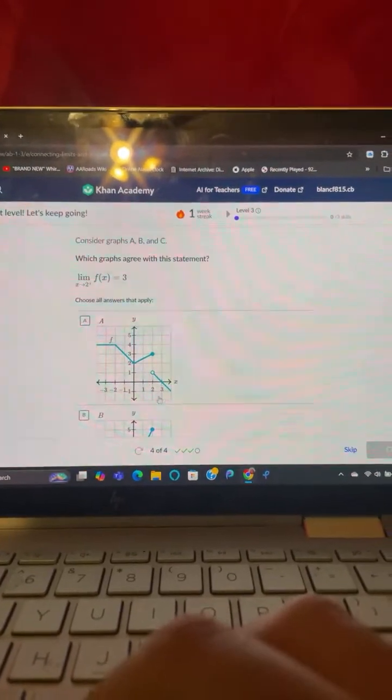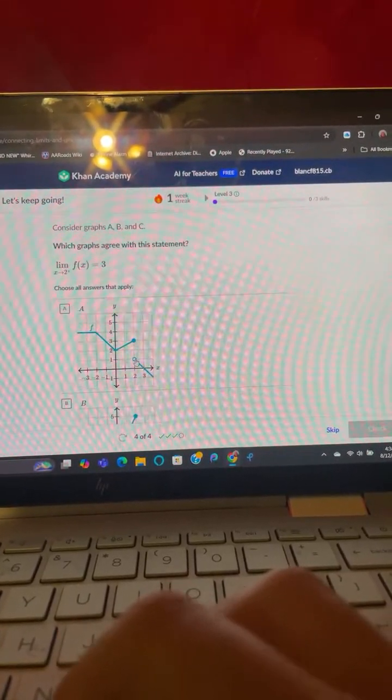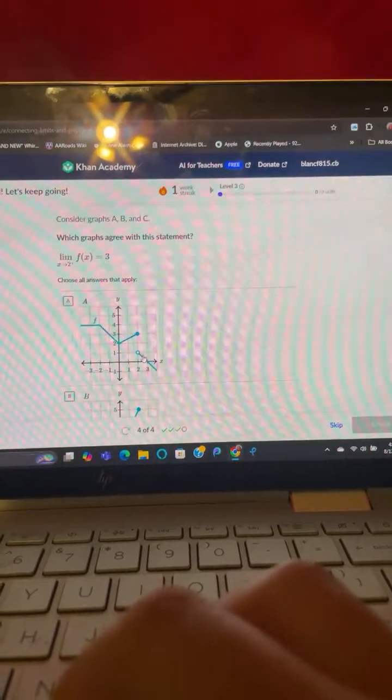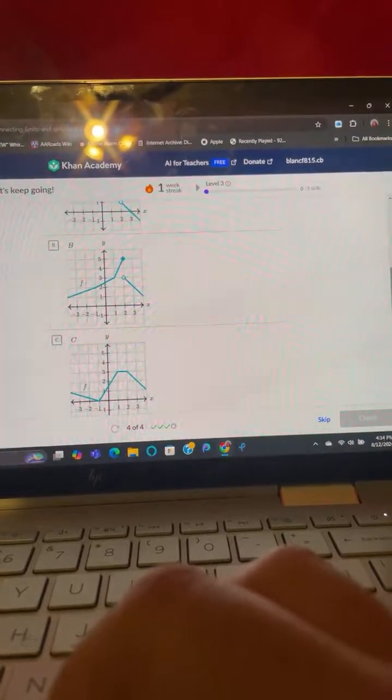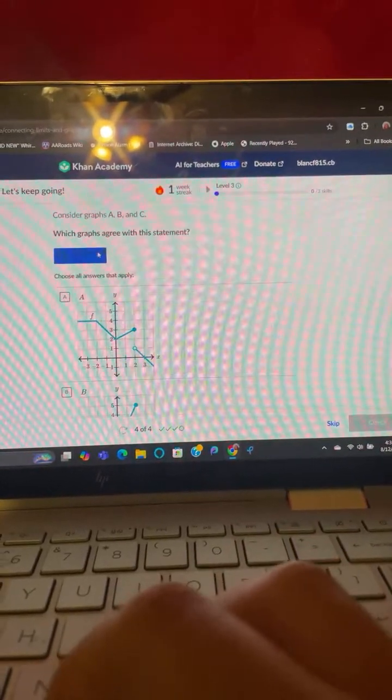So we're gonna look at the right side as x approaches 2. This is x. You could see x approaching 2. This function approaches 1. Okay? So that's false. It needs to approach 3 for it to be true. All right.